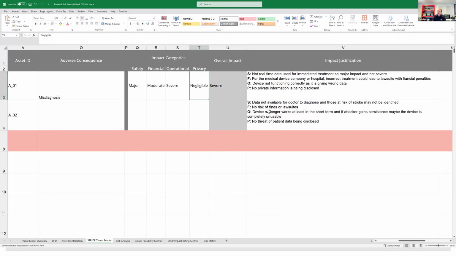So Roman, what do you think here? Is this good so far? Any comments? Yes, and I would say that there is a tie-in with operational and privacy back to safety. So identifying them separately here doesn't mean they're not related. If the operational impact is a denial of service and the device is not being used, that can connect back into your safety and the hazard analysis you would do. What happens for a non-functional device?